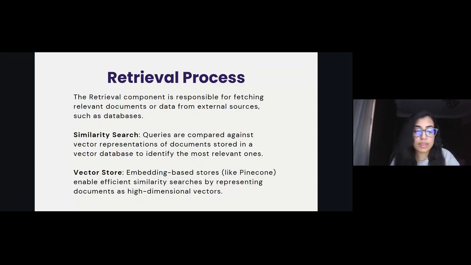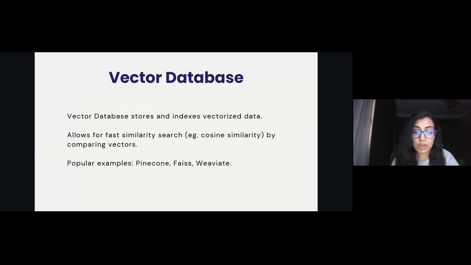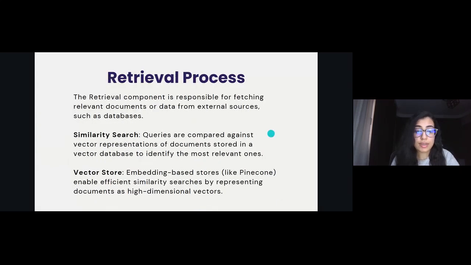We do the similarity search, like I mentioned before, maybe with cosine similarity, to get the similar vectors. We do the search inside a vector store, like the vector database we mentioned, such as Pinecone, to enable efficient similarity searches by representing documents as high-dimensional vectors.